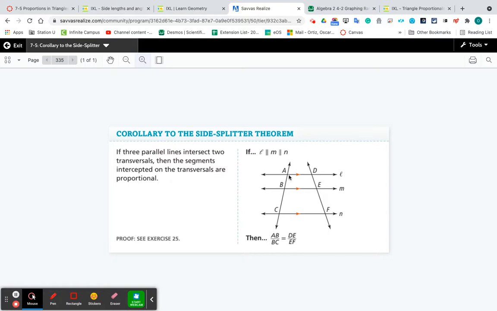The segments that are determined on each one of the transversals are proportional to the segments on the other transversal. So in this case, the segment AB is to BC as DE is to EF. This is an important result for us to keep in mind.